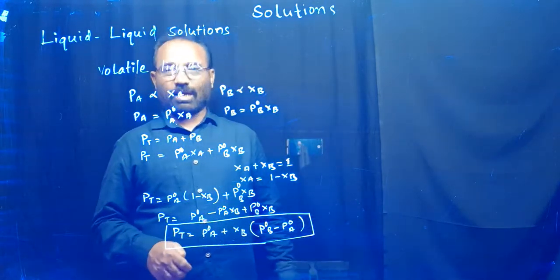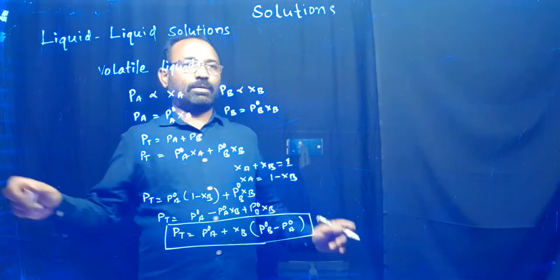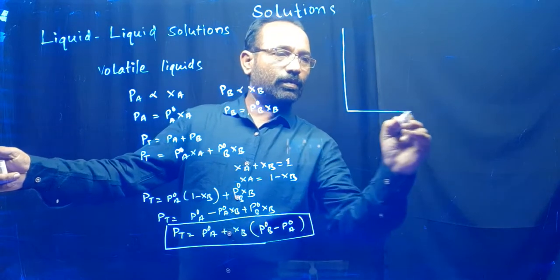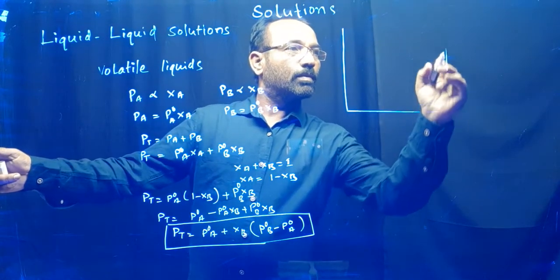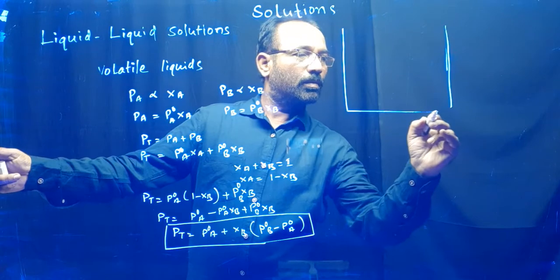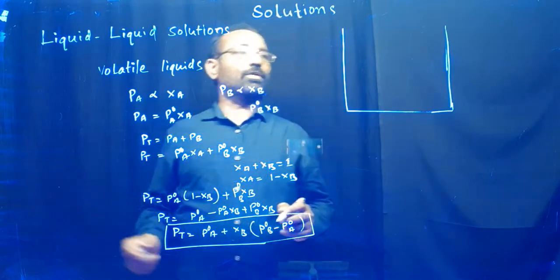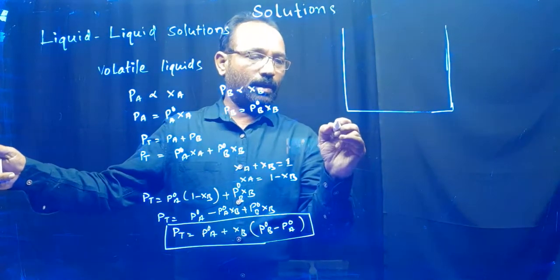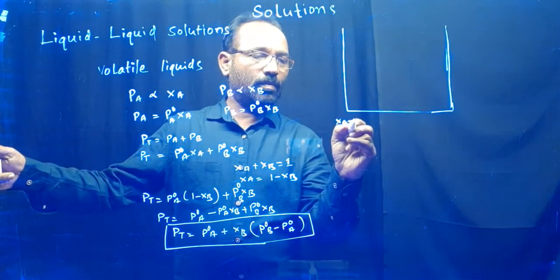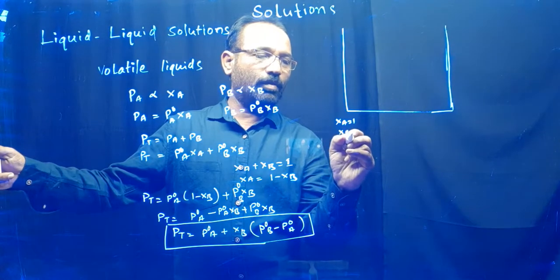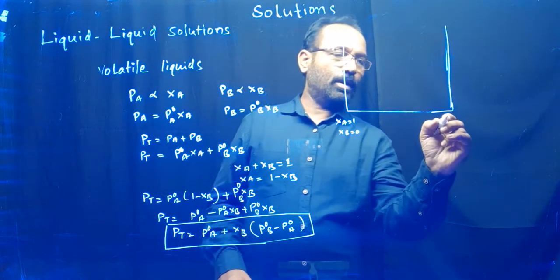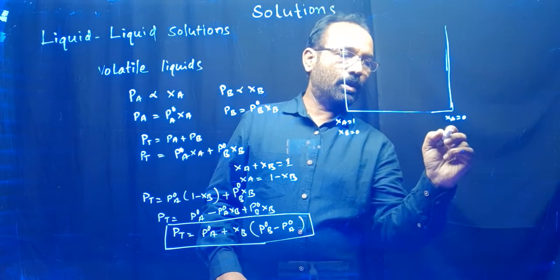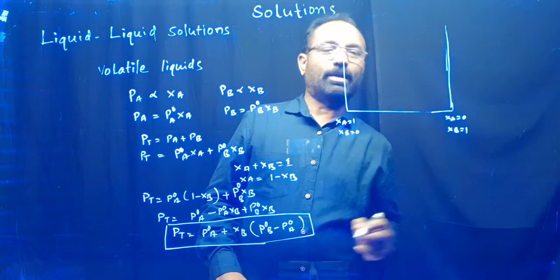Let us see this graph. If you observe this graph, here XA equals 1 and XB equals 0. Here XA equals 0 and XB equals 1.